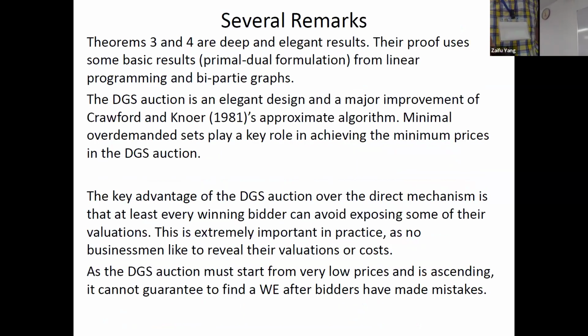So here, let me briefly discuss one advantage of the DGS auction. One of the major advantages of this DGS auction over, say, the Vickrey direct mechanism is that here at least every winning bidder does not need to expose all of the valuations. That's a very good advantage of the dynamic auction, because in practice, no businessman wants to reveal his valuation or his cost.